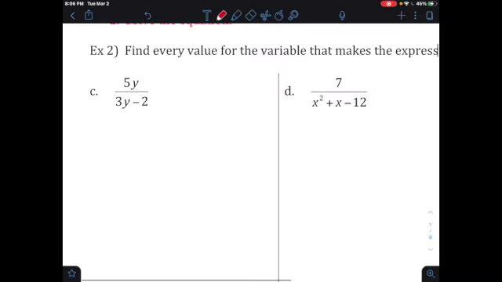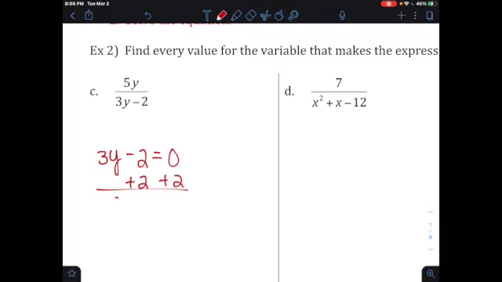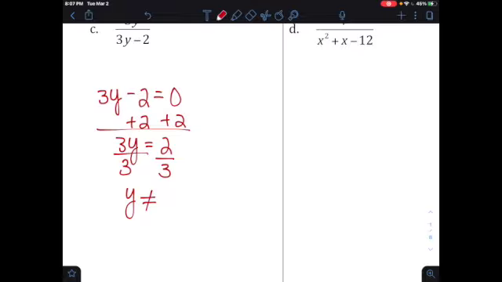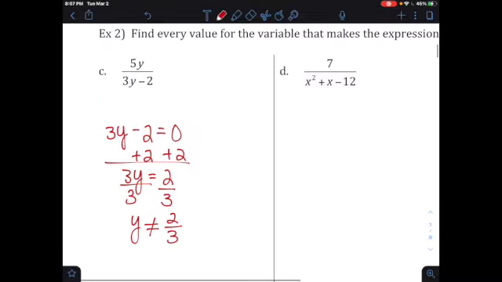For example C, the denominator is 3y minus 2 equals 0, and solve it. 3y equals 2, divided by 3, divided by 3. That means y cannot equal 2 over 3. If y equals 2 over 3, that will make the rational expression undefined.